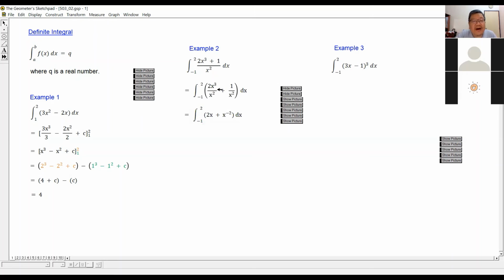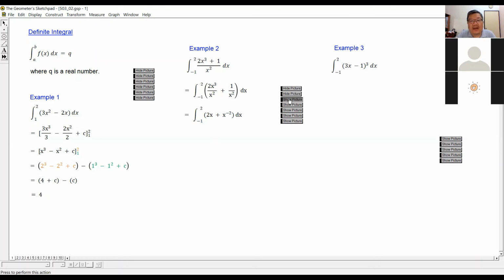So when you simplify, x cubed divided by x squared becomes x. The 1 divided by x squared becomes x to the power of -2.